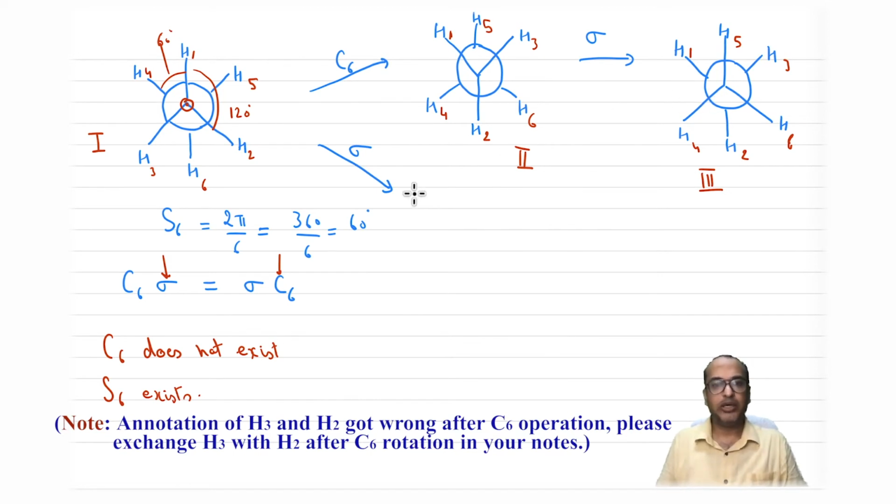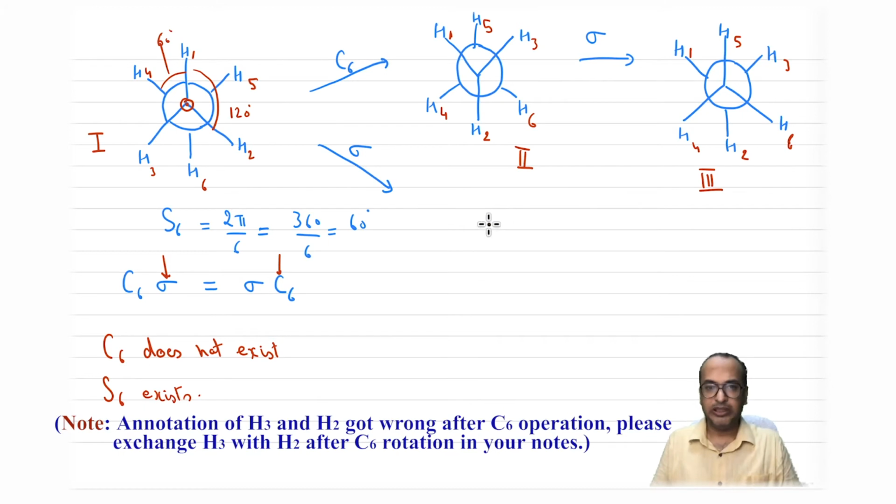Now let us also look at the commutation part, whether it really matters if we do C6 first followed by sigma, or sigma first followed by C6. Let's do sigma first now. If we do sigma first, again this inverted y goes back, so the front carbon goes to the back and the back carbon comes to the front.